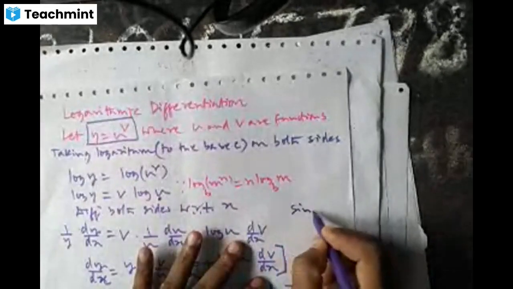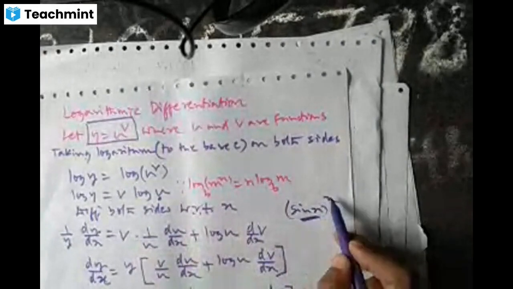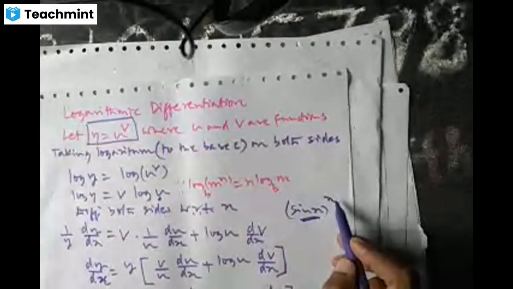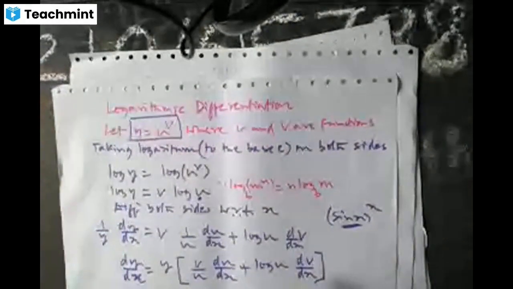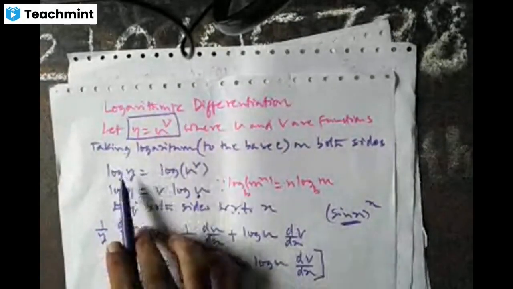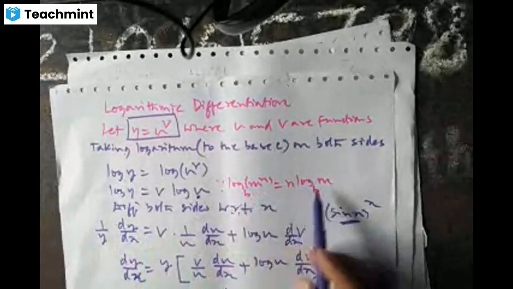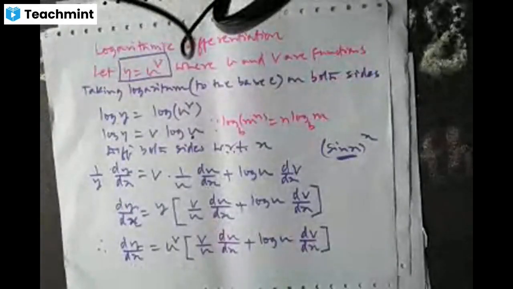For example, suppose the given function is something like this, sin x whole per x. Here u is sin x, v is x, correct? Whenever the given function is of the form u per v, all you have to do to find its derivative is take log on both sides, use one of the properties of logarithm, and after that differentiate and find dy by dx.